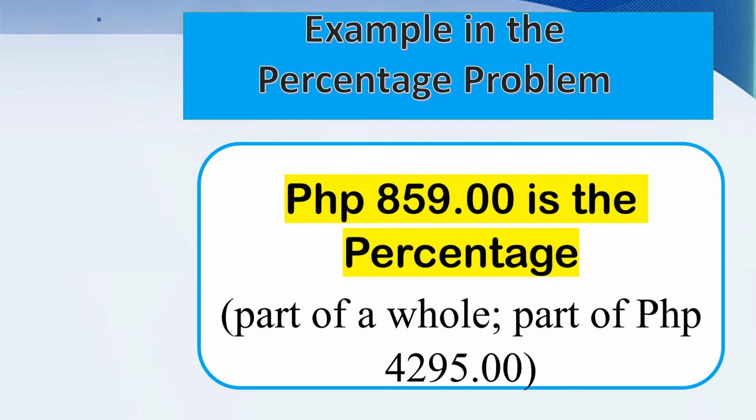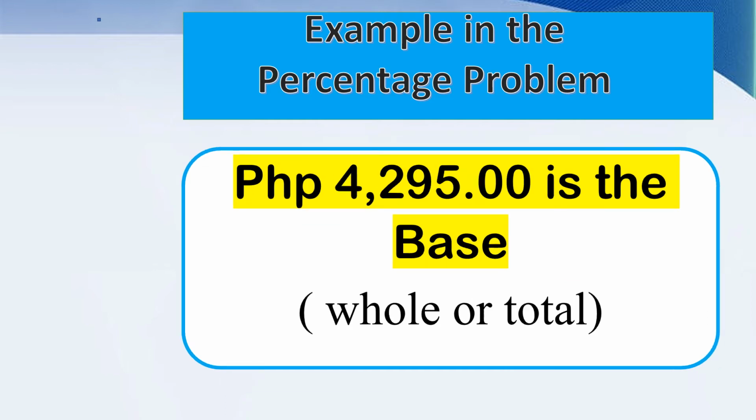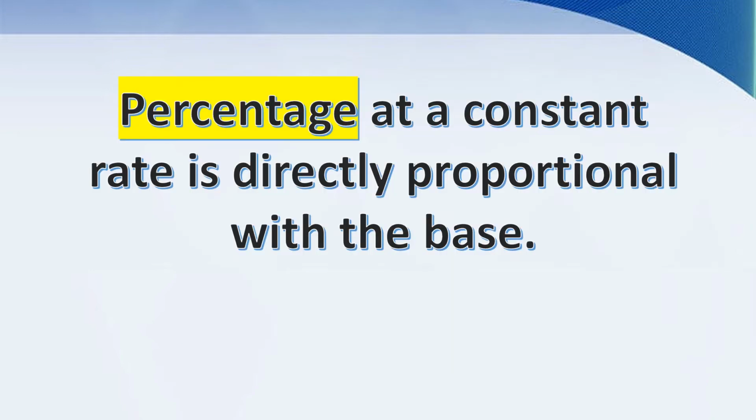It is part of a whole, part of 4,295 pesos. 4,295 pesos is the base. It is the whole or the total. Percentage at a constant rate is directly proportional with the base.